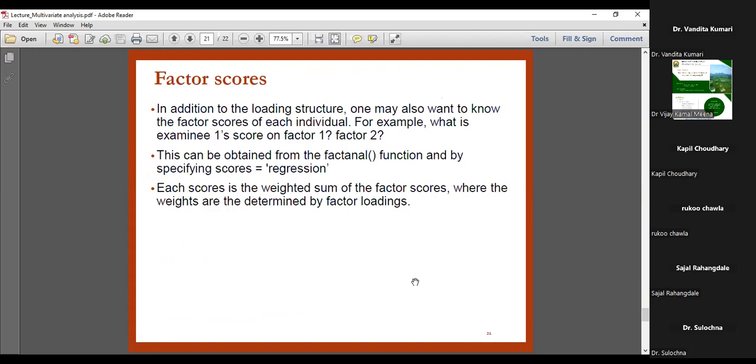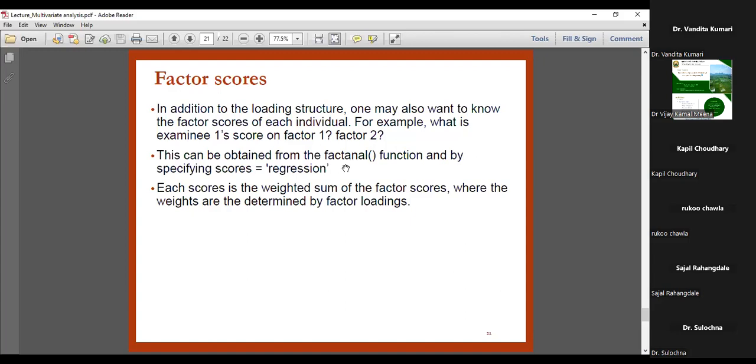And factor scores, in addition to the loading structure: when a person wants to know the factor score of each individual, then we go for finding out the scores. For example, what is exactly the score on factor 1, factor 2, we'd like to know. This can be answered using factor scores.